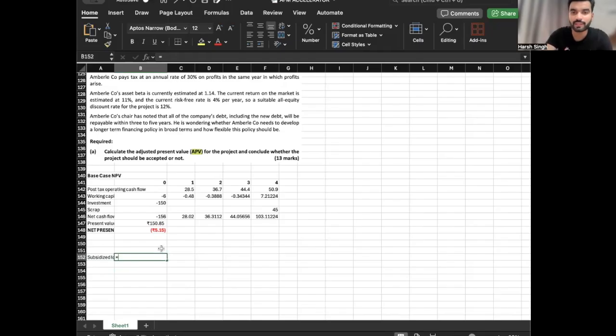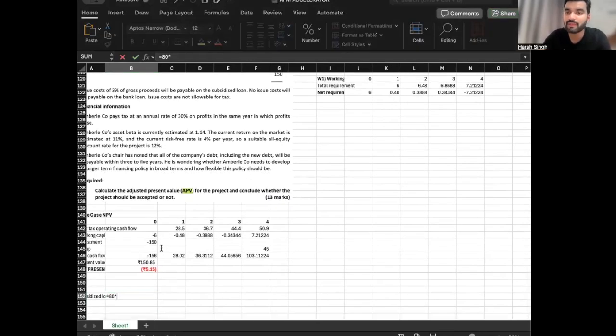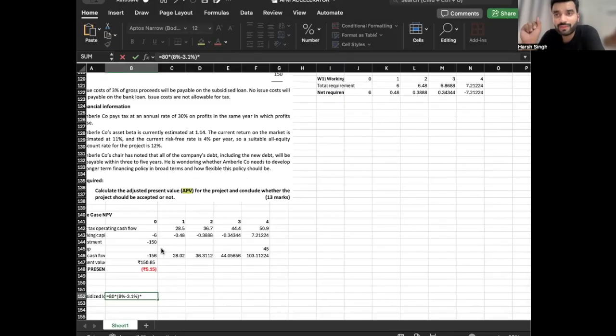What is the total subsidy that we are taking? 80 million multiplied by the net benefit that we are getting. Generally we are paying 8% interest. Because of subsidy, we are paying 3.1% interest. Simple. So what is the net benefit? 8% minus 3.1%. Whatever value we get, we will have to pay tax on that. Tax is 30%. So how much are we left with? 70%. Correct, everyone? This is what we are left with.